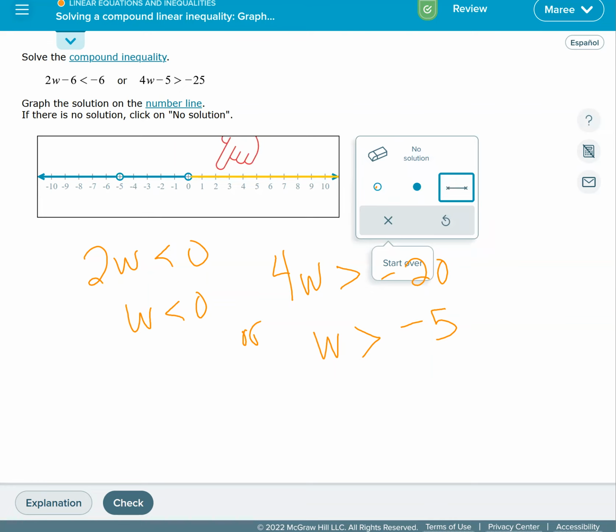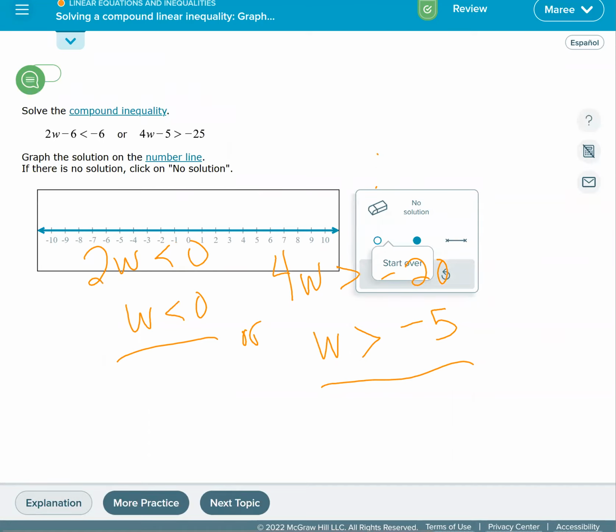So if the number negative 5 actually fits in my inequality, w is less than 0. And then 0 will work in the inequality w is greater than negative 5. So we just need to take out the dots, and it takes everything out. We actually want the entire number line because all of the numbers will work in either of those inequalities.